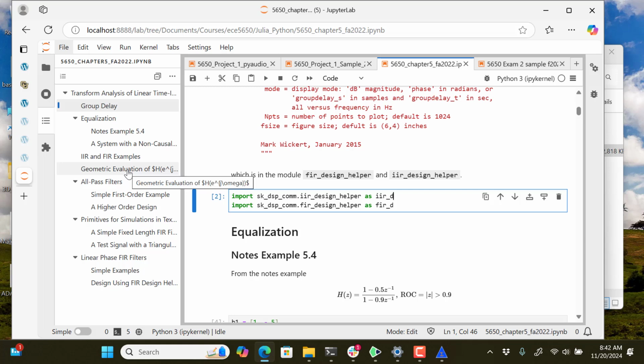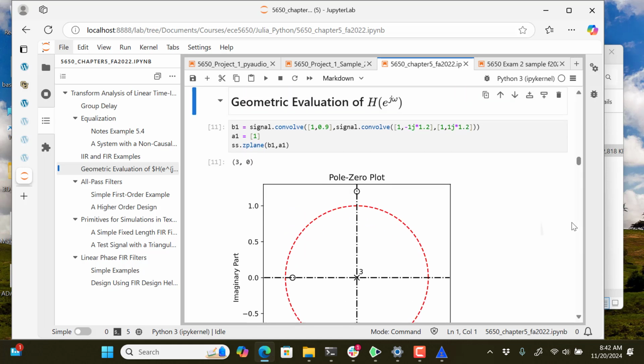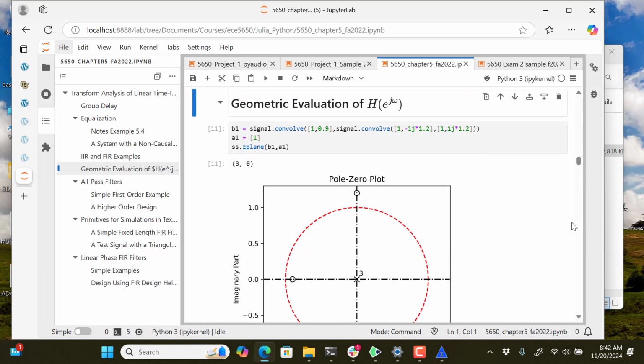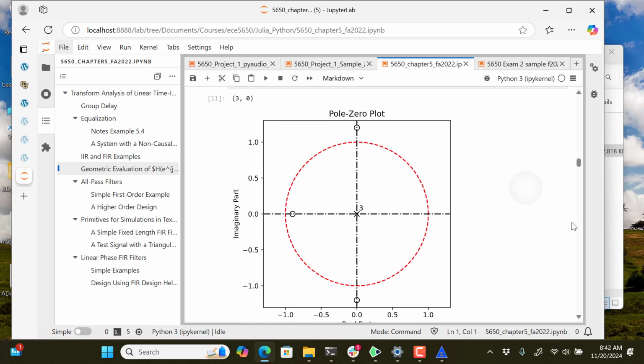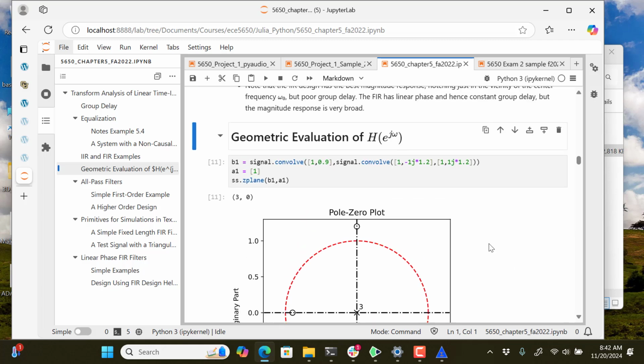Then I have a section in the notebook called geometric evaluation. So here I took an example that was a little bit different than the one I was doing. In this example, I've got a system that has 3 zeros in it and then 3 poles at 0. So I took all 3 of those zeros and convolved them together in Python to create a polynomial.